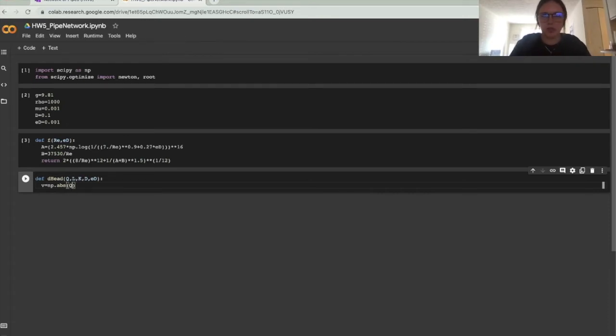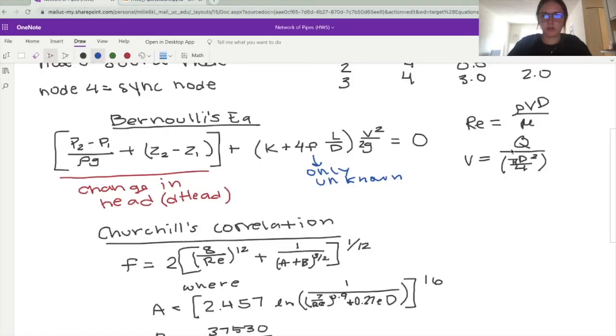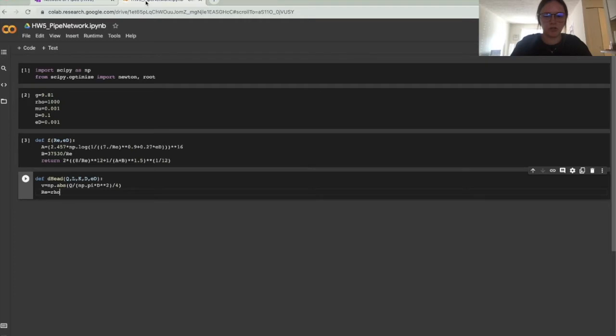So it's going to be Q over np.pi times d squared divided by 4. And then we need our Reynolds number, which is going to be rho times V times D divided by mu.